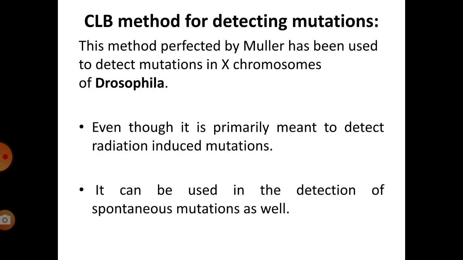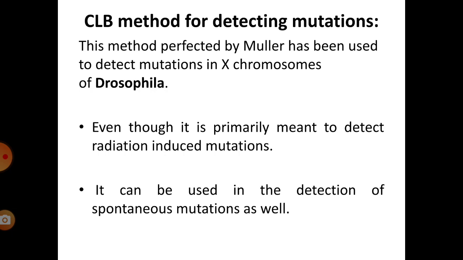That specially designed female, number one, had an inversion, because of which crossing over was not possible with the other X chromosome, and therefore C stands for crossing over suppressor. Then it carries a recessive lethal gene, I. And then it had a gene for bar eye, capital B, that acts like a marker.